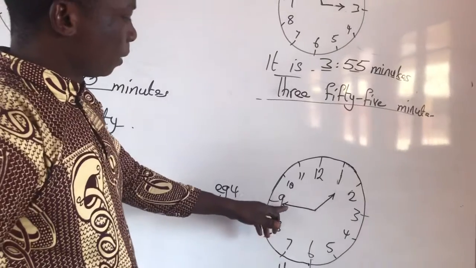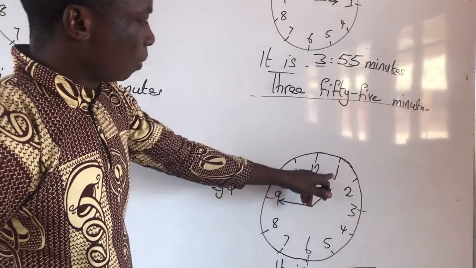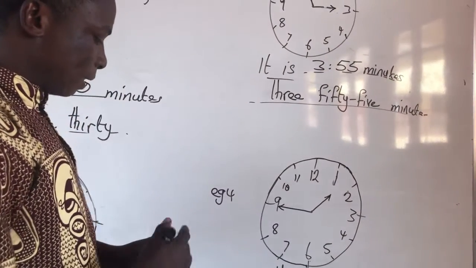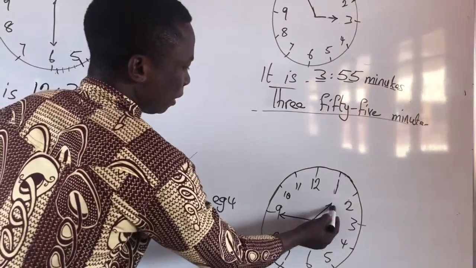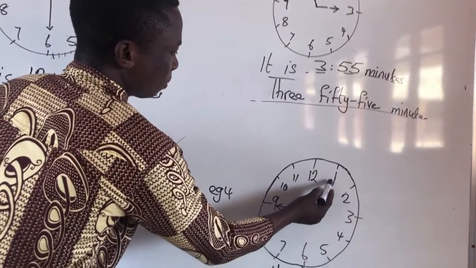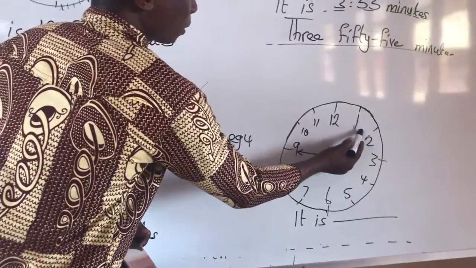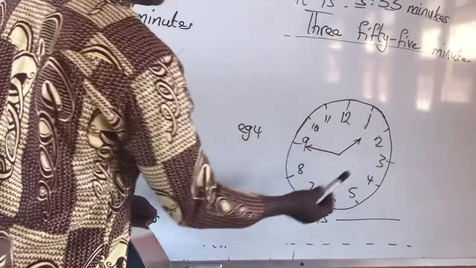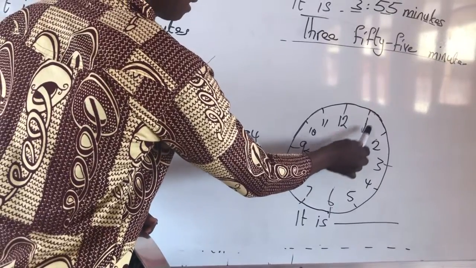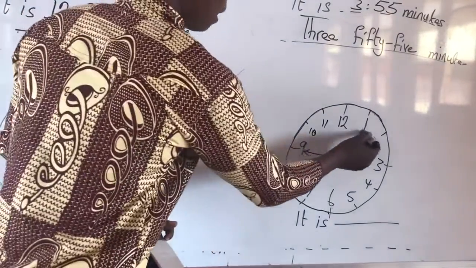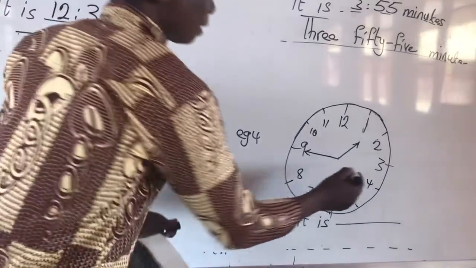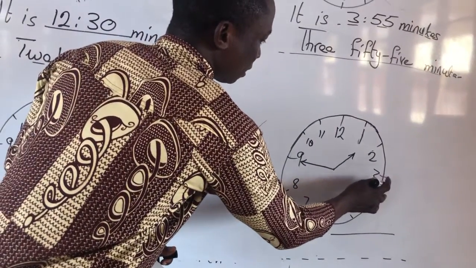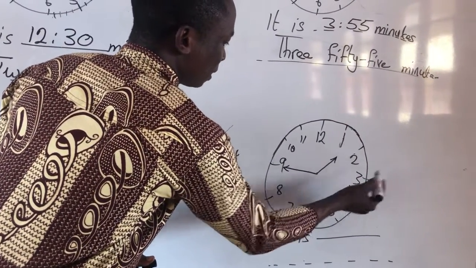Example 4. This is what? 1 o'clock. You realize that the shorter hand moves from 1 moving towards what? 2, but it is not up to 2. So we take it as what? 1 hour. It's still in the hour of 1, this region. If it is here, it is still read as what? 3 hours.